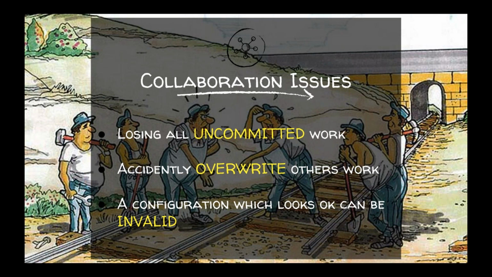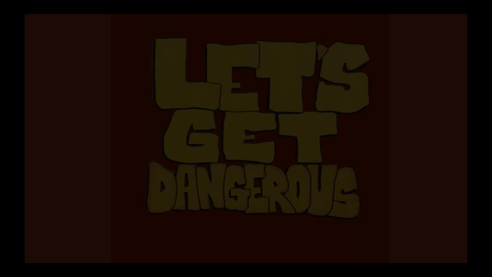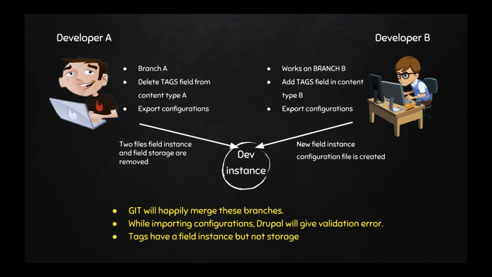So let's see a scenario where a careless merge can cause a problem. Developer A and developer B are both working on a project. Let's come to developer A and see what he is doing. Developer A is working on a branch A, and he has deleted a tags field from a content type A, and now he exported all these configurations.